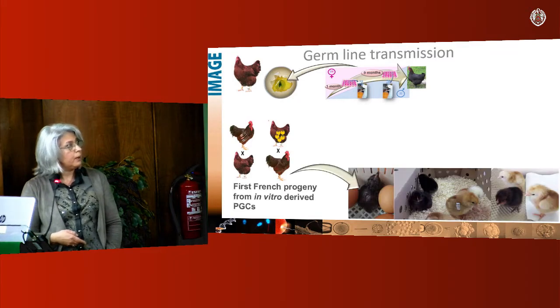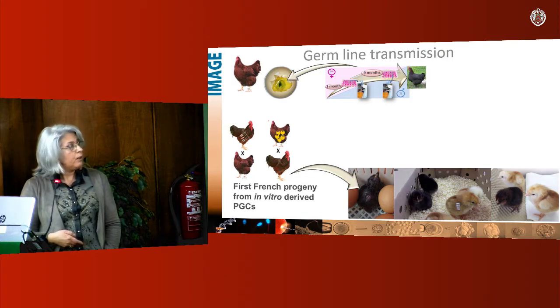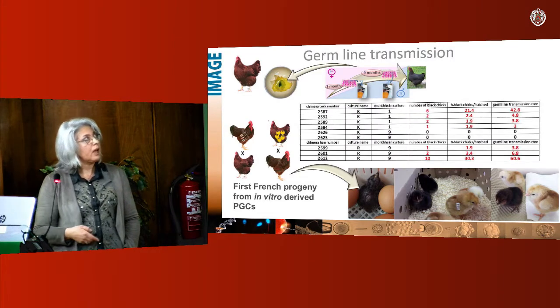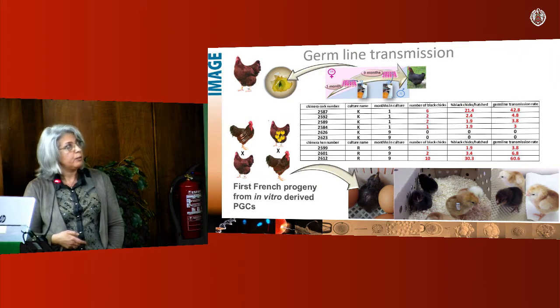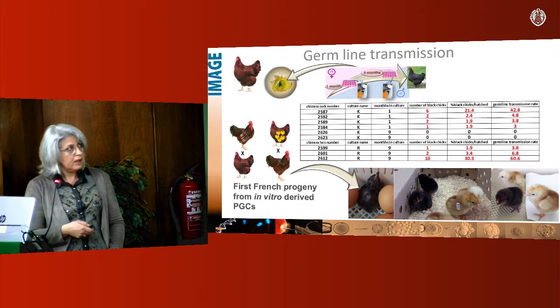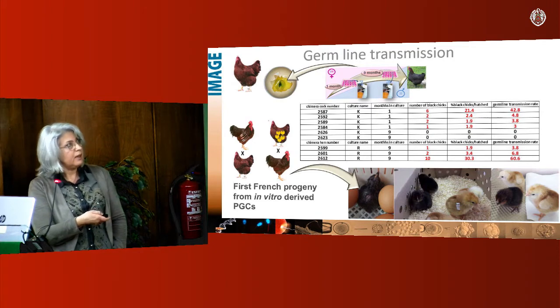So here we can see the first French progeny from cryopreserved derived primordial germ cells, and we obtained it for some chimera birds, for male and female PGC, with a very good transmission rate, which you can see in red in the table.